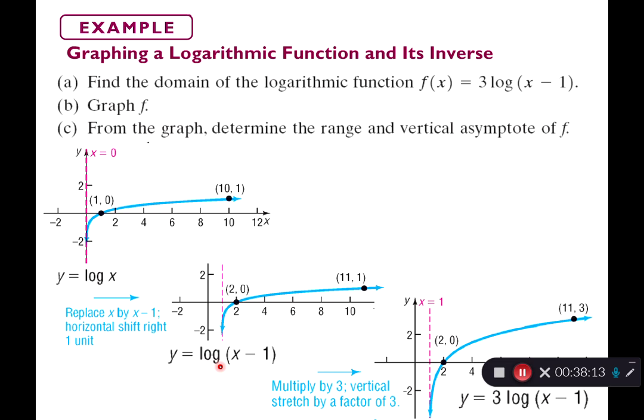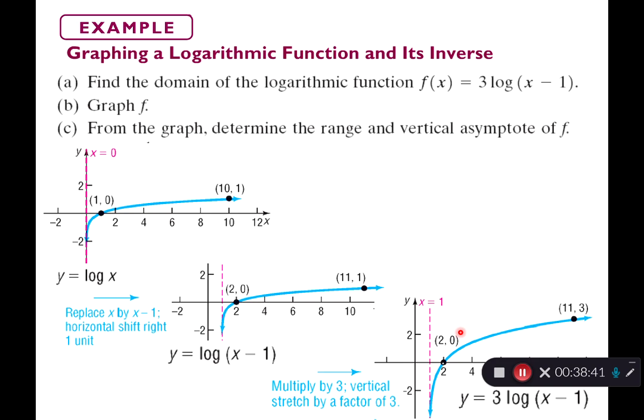So notice 2, 0 doesn't do anything, because if I put in 2 minus 1 is 1, the log base 10 of 1 is 0 times 3, still gives me 0. And then I get 11, 3 because it multiplies by a factor of 3. So this would be my final answer right here.